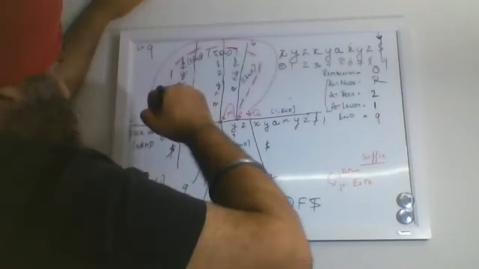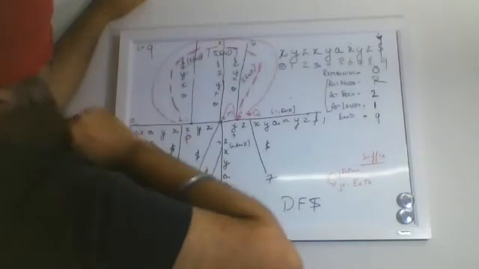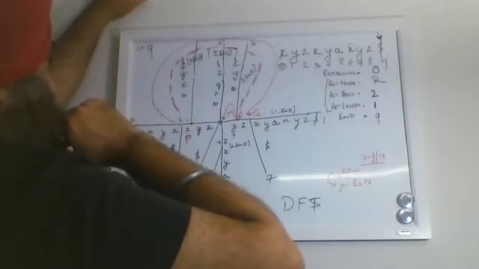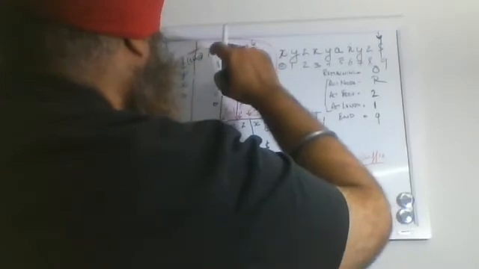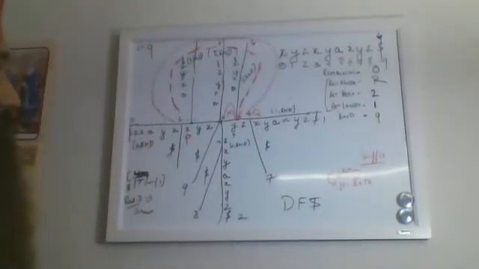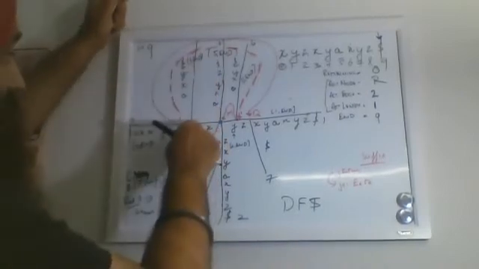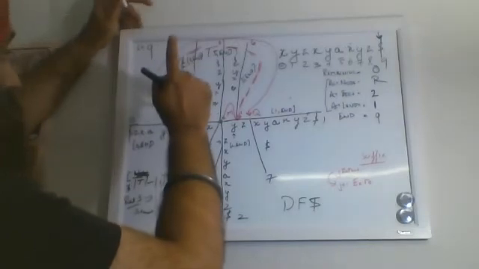This is 10 minus 5, 5. Then X, Y, Z. Okay. So this is 1 2 3 4 5 6 7, 10 minus 7, 3.